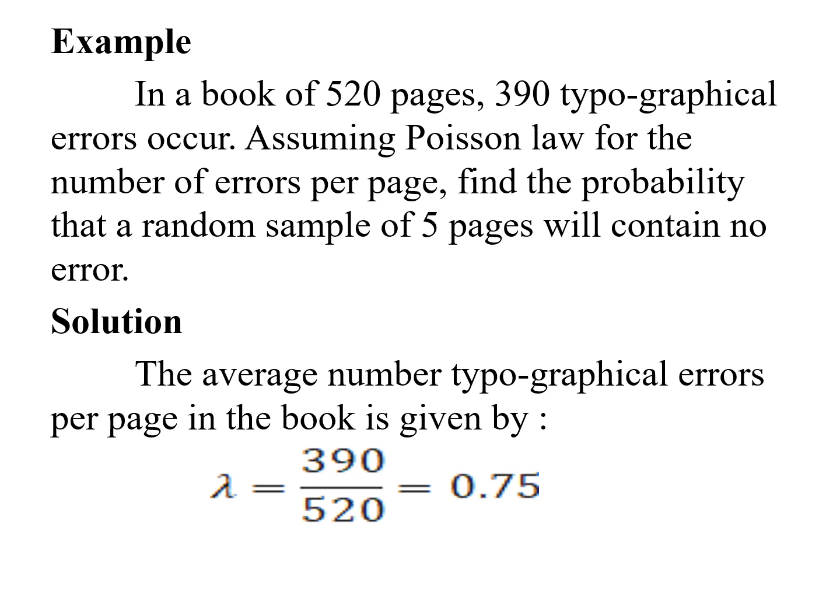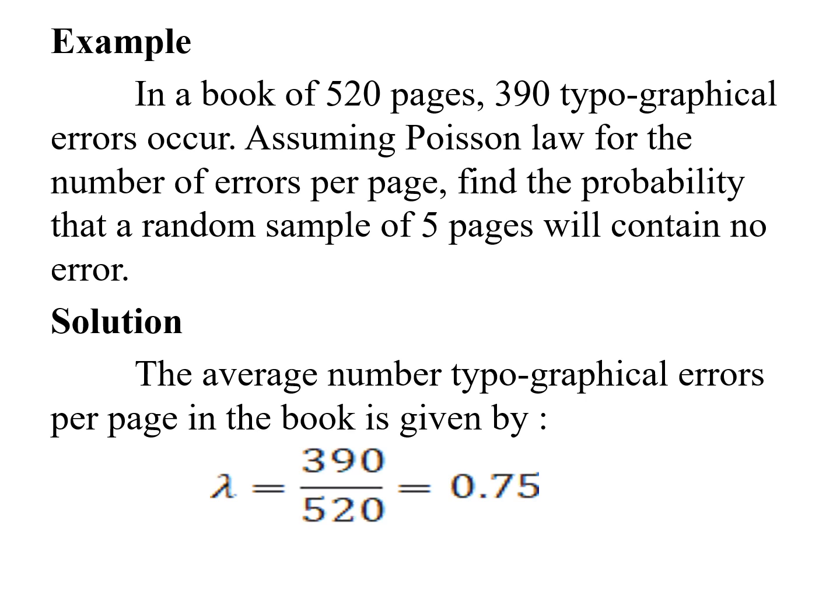So what is the probability that 5 pages will contain no errors? We are going to find out. For the solution, the average number of typographical errors per page in the book is given by lambda, the parameter. So lambda is equal to x, the number of typographical errors, which is 390, divided by the total number of pages in the book, 520.